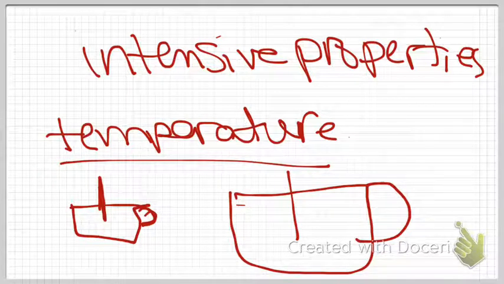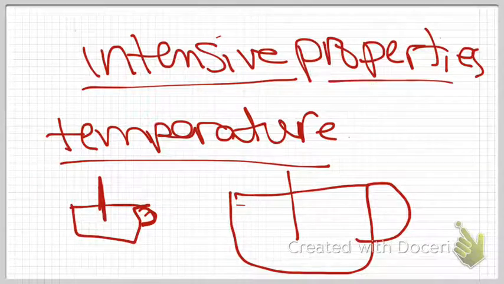That is an intensive property, okay? The amount of the substance that you have does not matter.